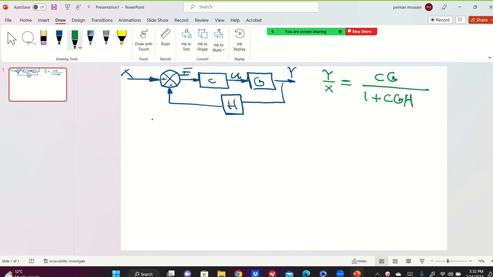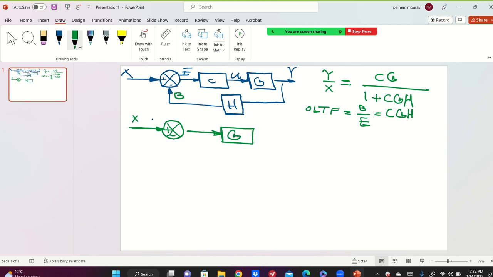And the open loop transfer function, in general statement, we got, if this is B over E, which was CGH. Then I simplified the block diagram by assuming that our sensor is ideal. So H, transfer function of the sensor, is 1, and there is no controller, only unity feedback plant, and the Y being compared with the input.